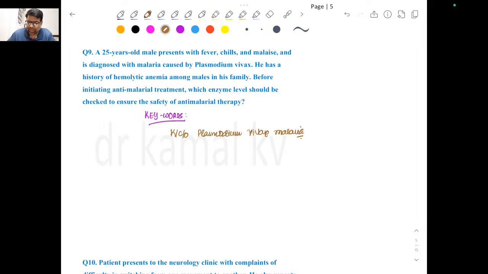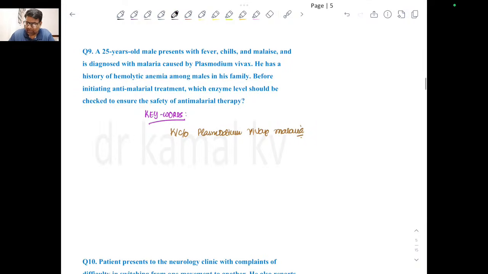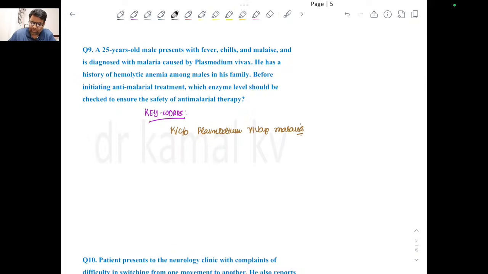Clear? That's a known case. So having fever, chills, malaise, rigors and all. Now what is more important here, there is history of hemolytic anemia in family.